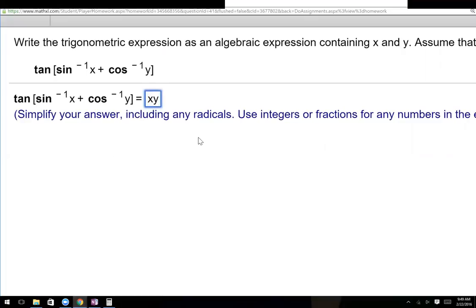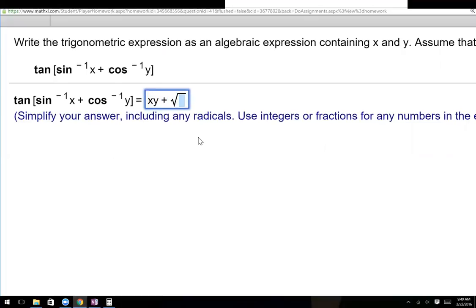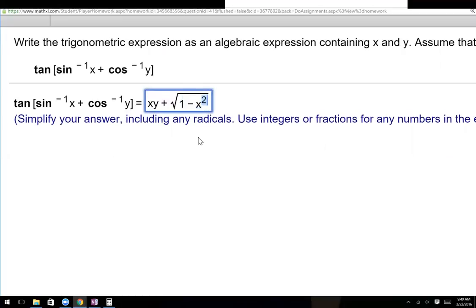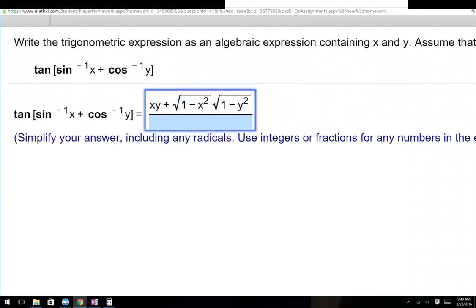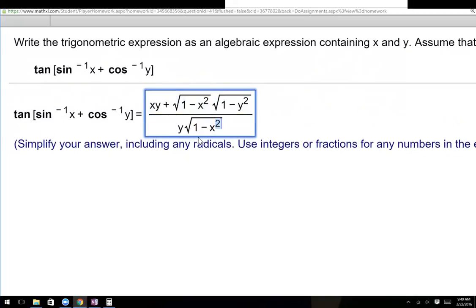So xy plus the square root of 1 minus x squared times the square root of 1 minus y squared, all over y times the square root of 1 minus x squared minus x times the square root of 1 minus y squared.